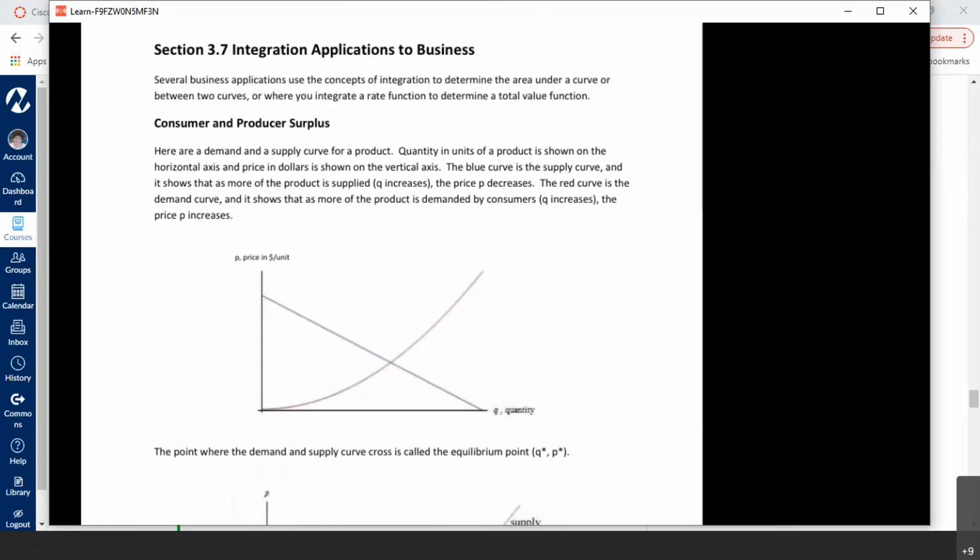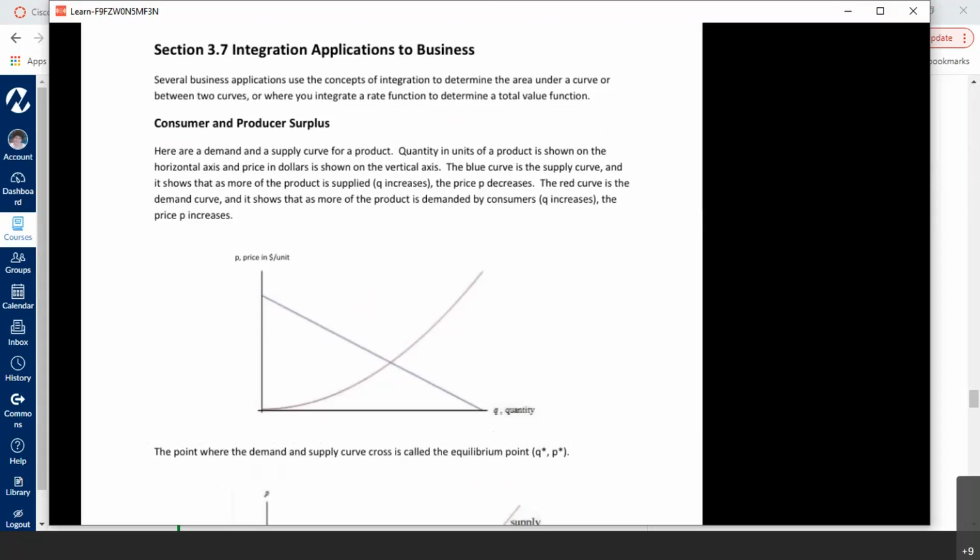So differentiation, you start with a total function and you differentiate it to get a rate of change of that function. Integration's the inverse. You start with the rate function and you integrate it to get the total function. So you're going to be looking for keywords in the application problems like rate and total, okay, because they're going to tell you what you've got and what you need to do with it.